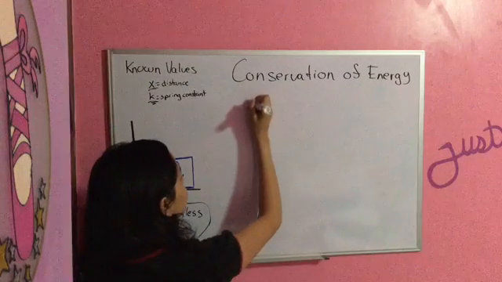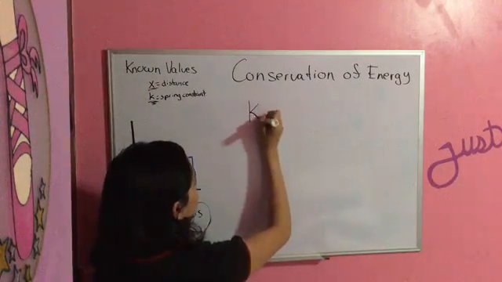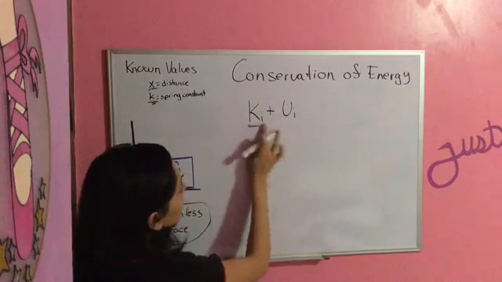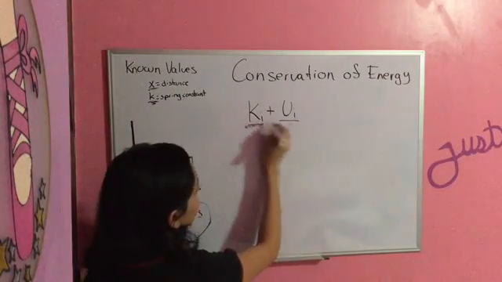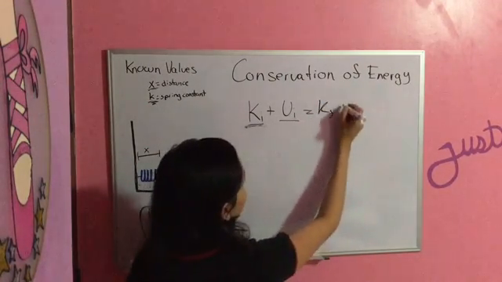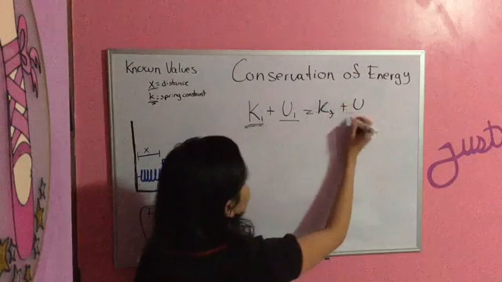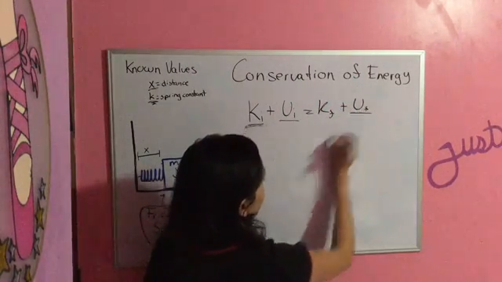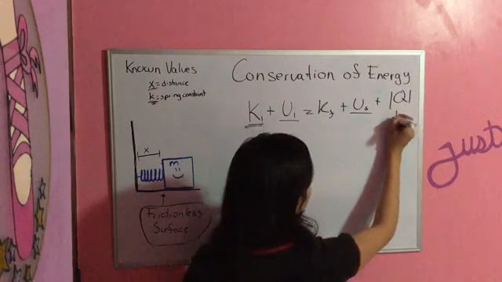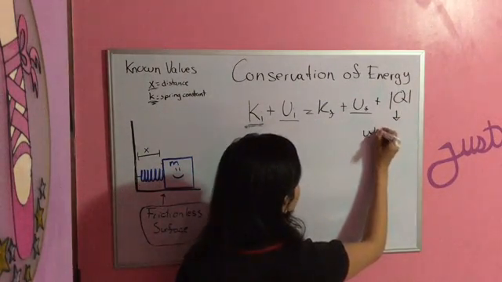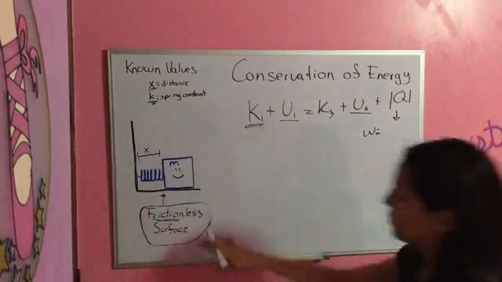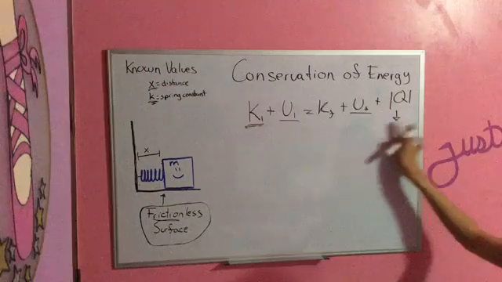The equation says that the initial kinetic energy and the initial potential energy is equal to the final kinetic energy plus the final potential energy plus Q, which means the work done by the friction force.